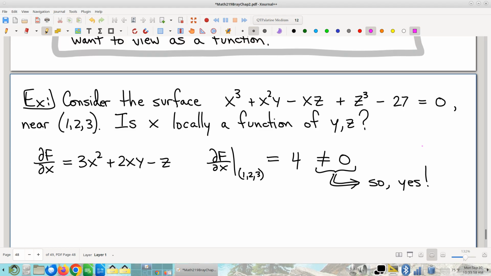Now that we've established that x is a function, how do I take its partial derivatives? For example, I might talk about the partial of x with respect to y, or the partial of x with respect to z. All good. Bad news, good news.